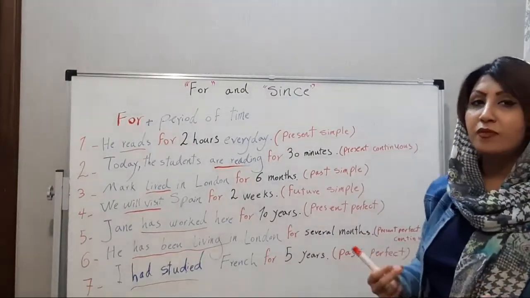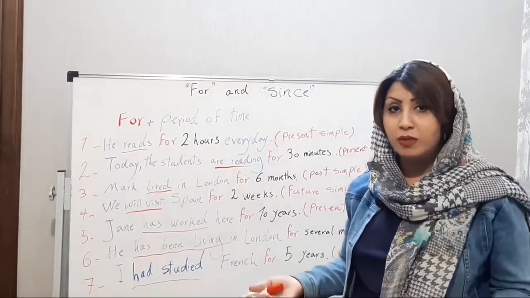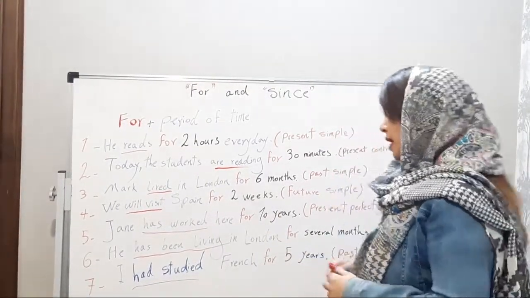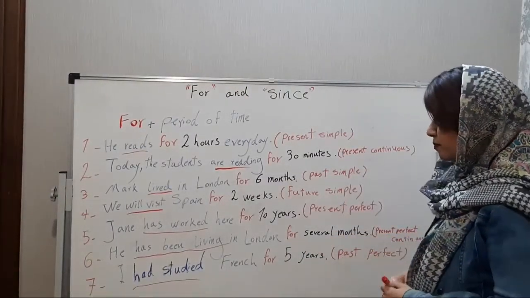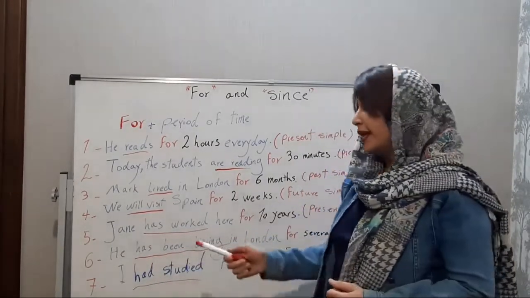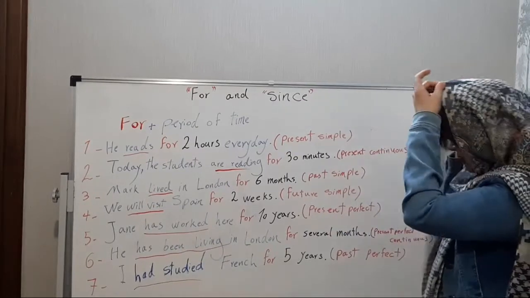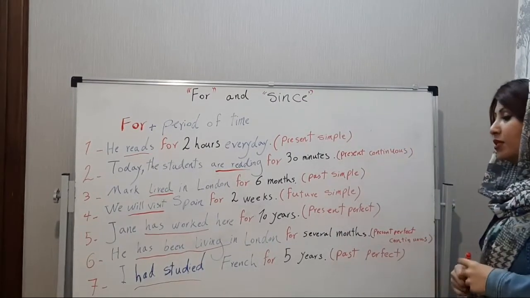We don't know when it starts, so we say "for several months." And what is the tense? The verb is "has been living," and it is present perfect continuous.